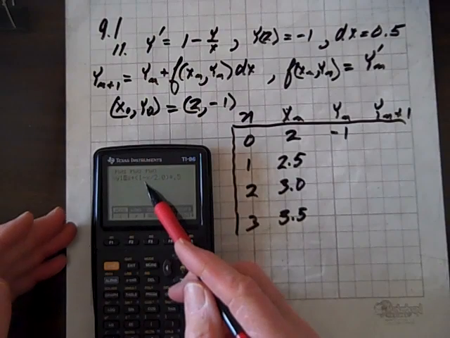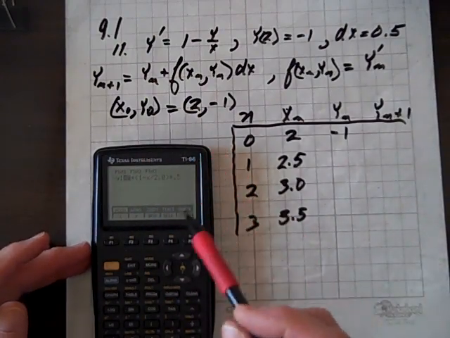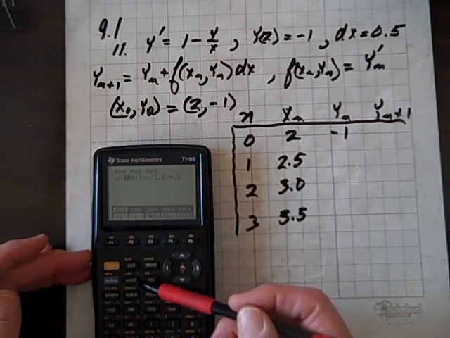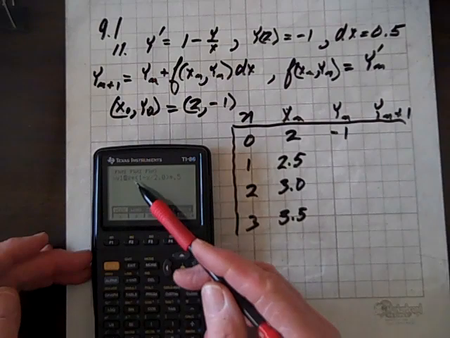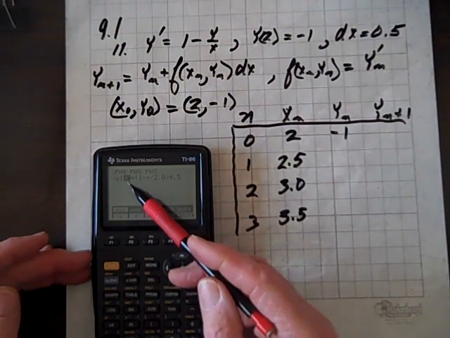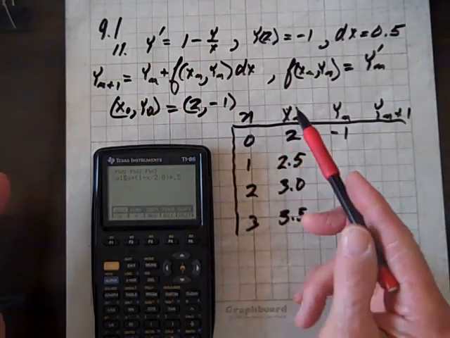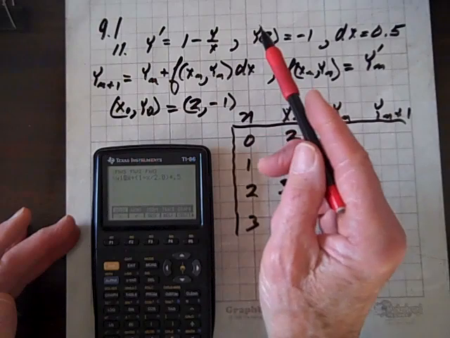Well, why aren't there y's there? Here's why: when you select the variable, your only option is x. So we have to substitute on the calculator this x. It represents y.